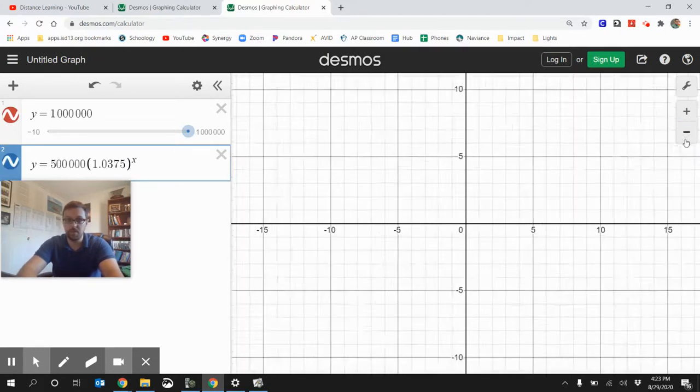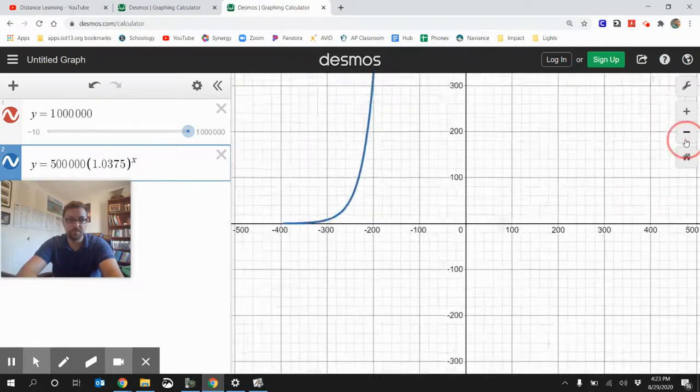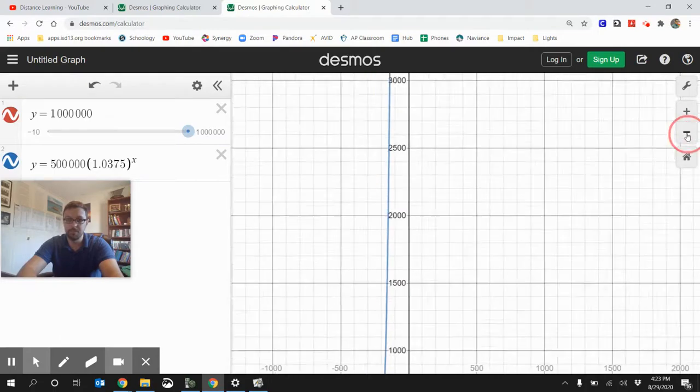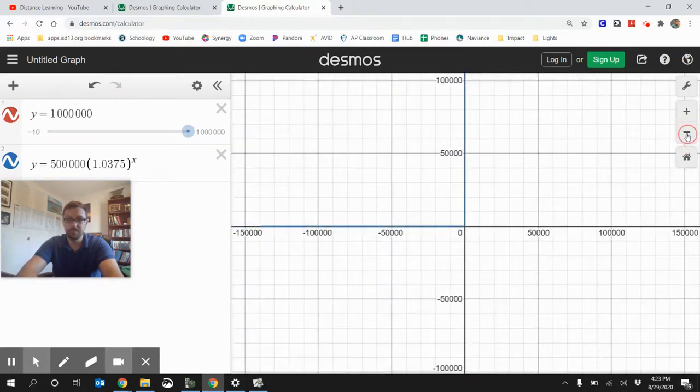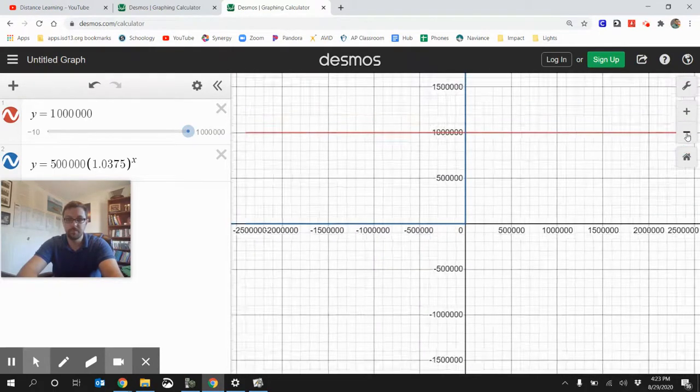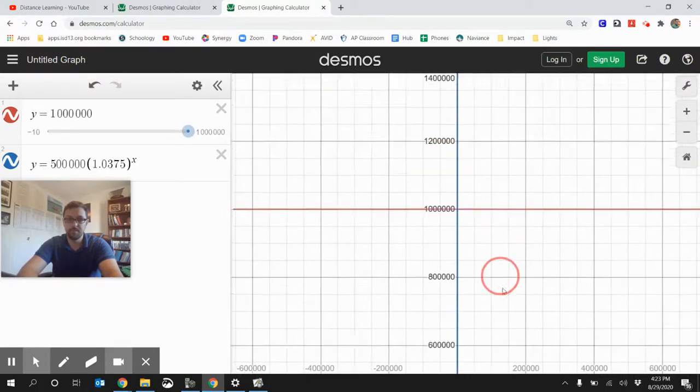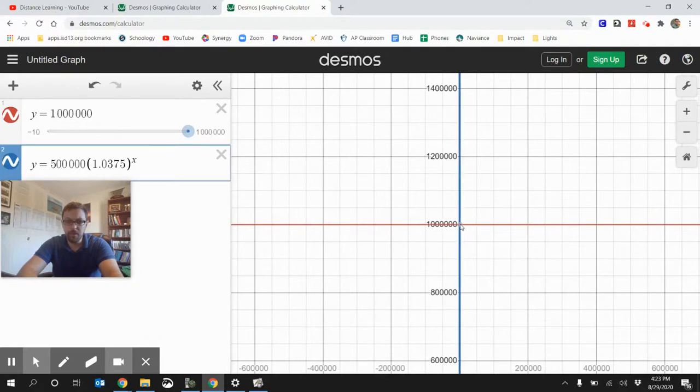I'm going to have to zoom out a bunch so I can actually see this thing. See, there it is, but it's way up here. There we go. So we need to figure out where these two meet. And it looks like it's going to take 18 years in order for the two things to meet up. Because, yeah, that's where they're meeting. And it's great. So 18.828 years.